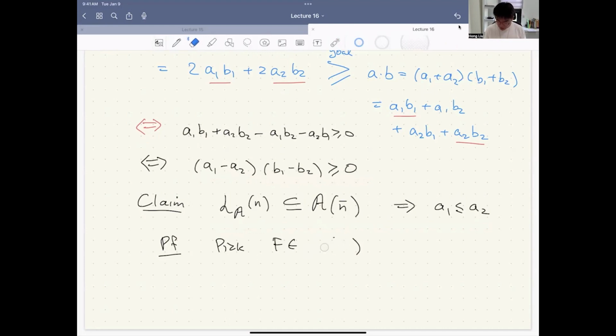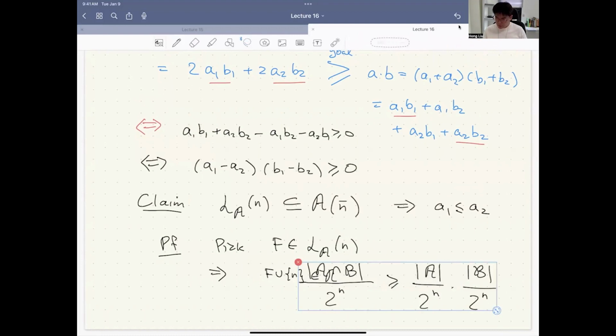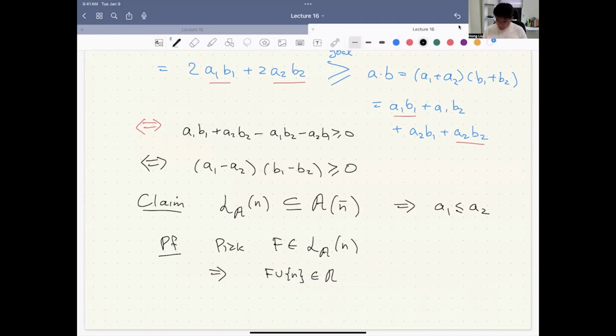So let's pick not those from here, but pick the one in the link of n. Good. Now, what does it mean? By definition, this means F is in the link. That means F union n is in our family A. And since it's downward closed, that means all subsets of it, including F itself, are also in A. But F is not containing n, so F lives in here.